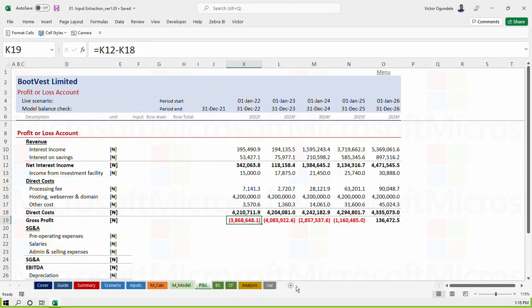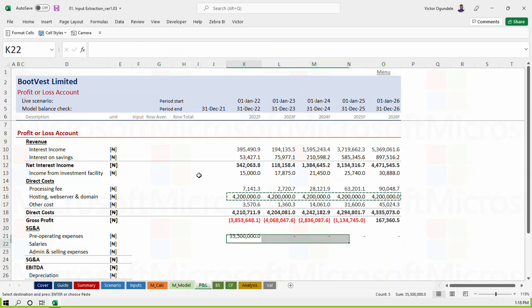This will be net interest income plus this income from facility, and this is way too low, by the way. Let's make the adjustments.